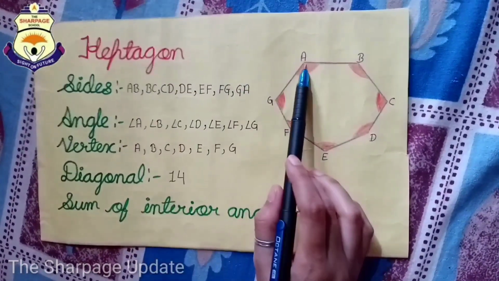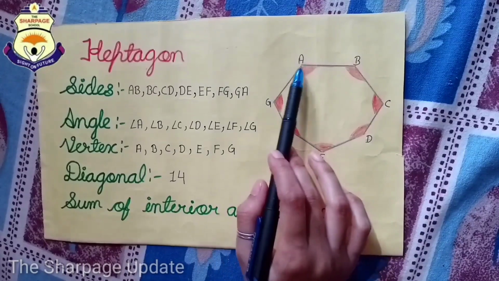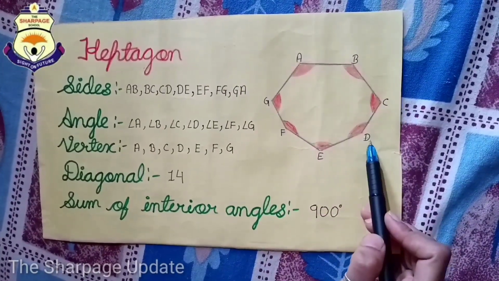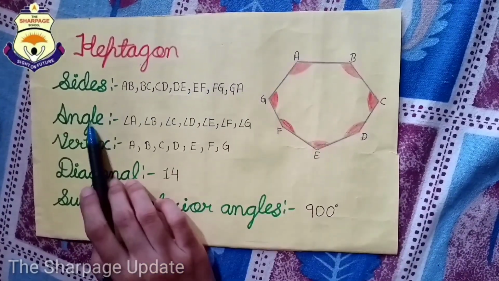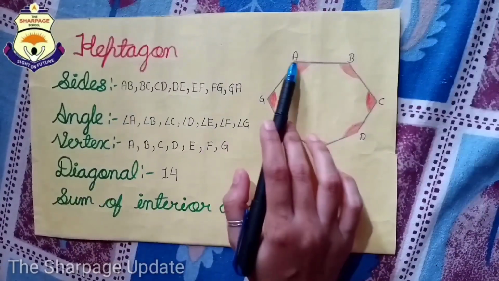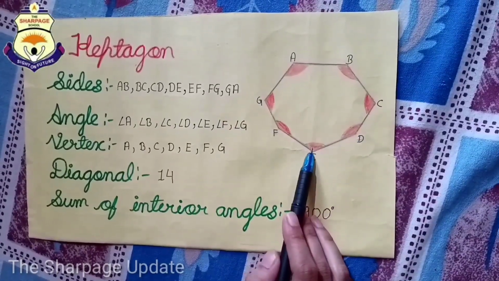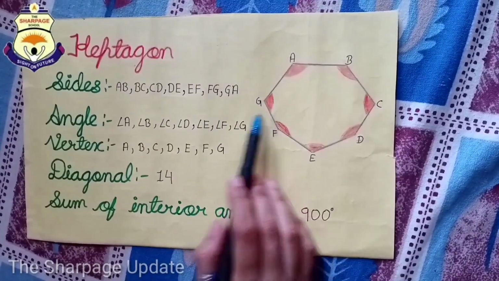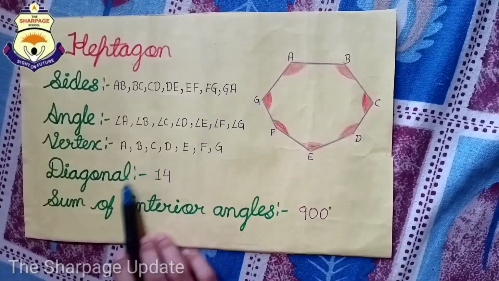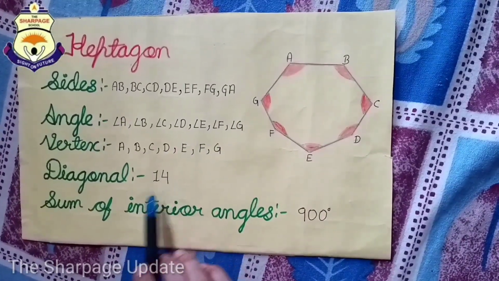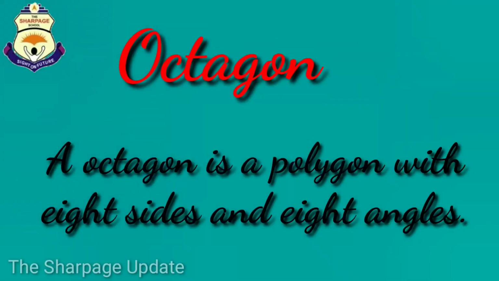This is a heptagon ABCDEFG, and in this heptagon sides are AB, BC, CD, DE, EF, FG and GA, and angles are angle A, angle B, angle C, angle D, angle E, angle F and angle G. And vertices are A, B, C, D, E, F, G, and diagonals are 14, and in a heptagon the sum of interior angles is 900 degrees.